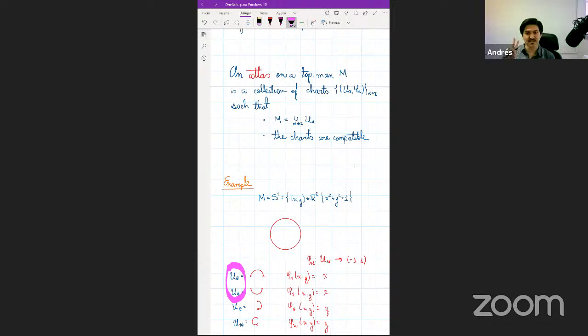I'm missing 2 points. So I'm missing this point and this one. So that's why I need more open sets. So I take the east and the west. And I define the functions the same way.